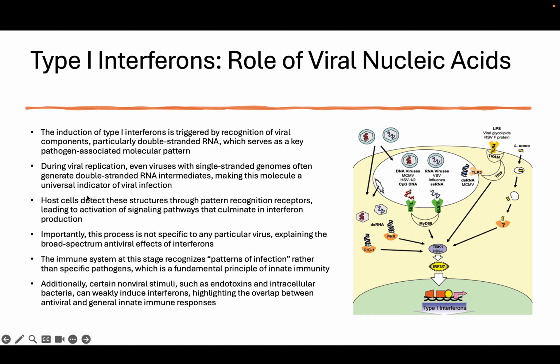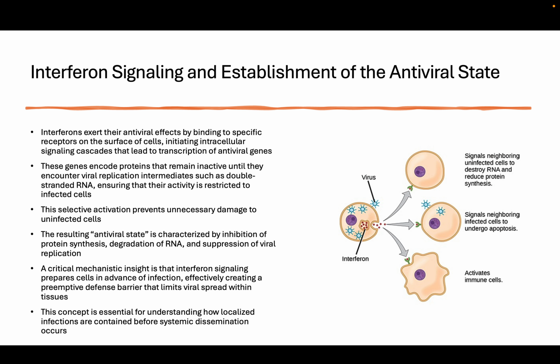So, as we said, the host cells detect these PAMPs from viruses through pattern recognition receptors, and they push the production of type 1 interferons. Type 1 interferons go in and push the production of ISGs. So what do these ISGs do? What do these interferons do?